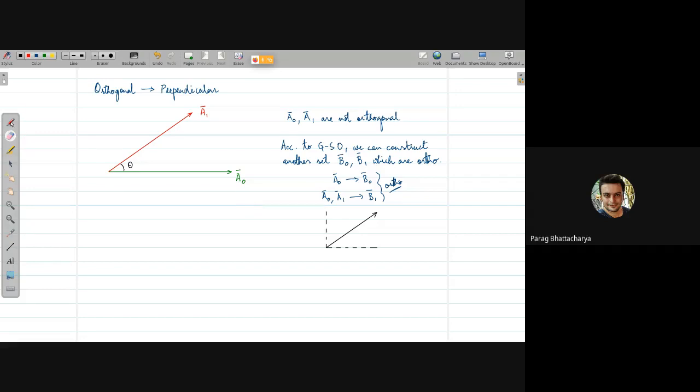Now let's say along the horizontal we have something like a unit vector. Let me draw it here first.